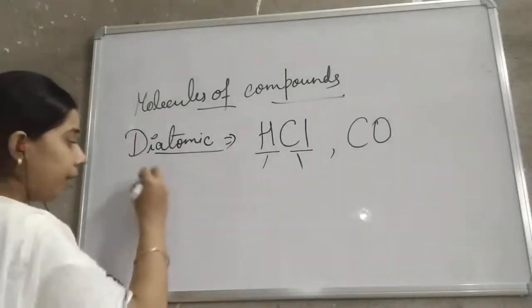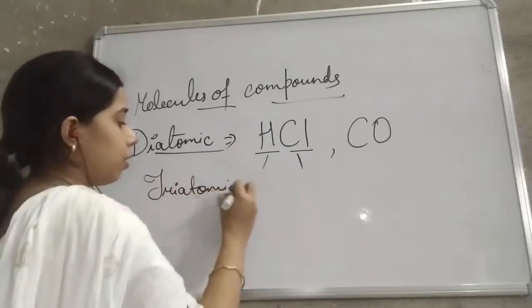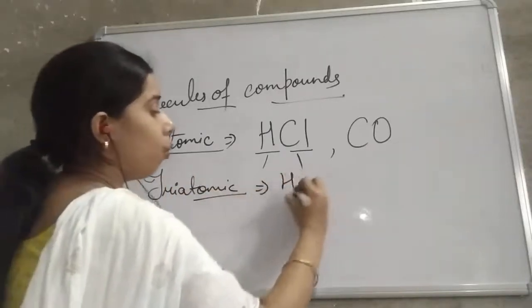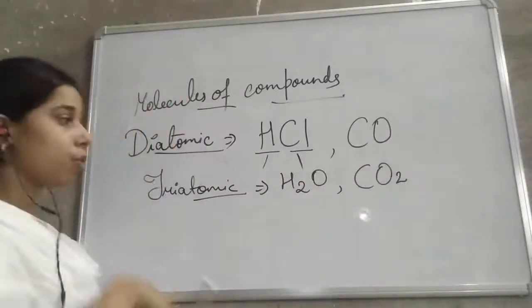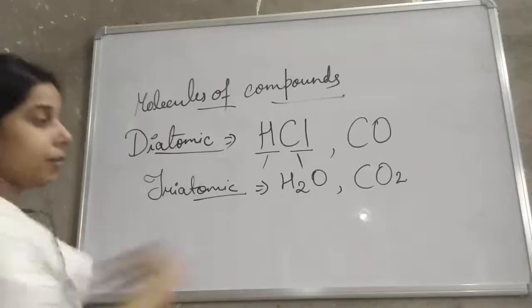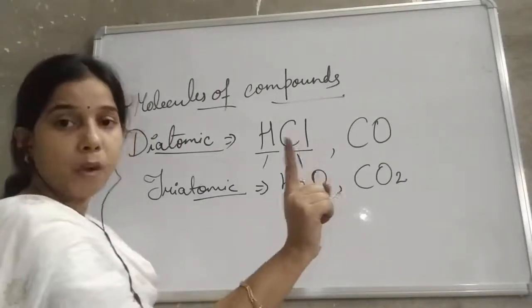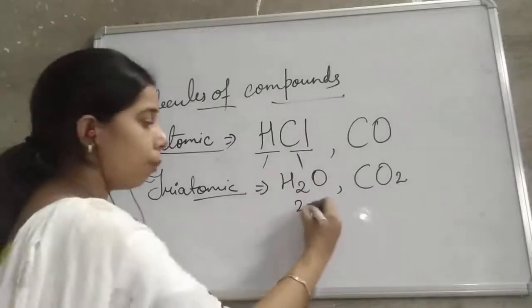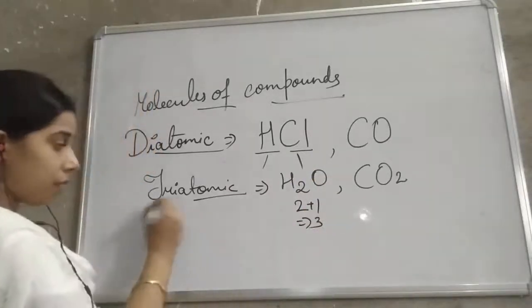Now triatomic: H2O or CO2. You can see here, student, 2 atoms of hydrogen combine with 1 atom of oxygen. So 2 plus 1 equals 3. Tri means 3.